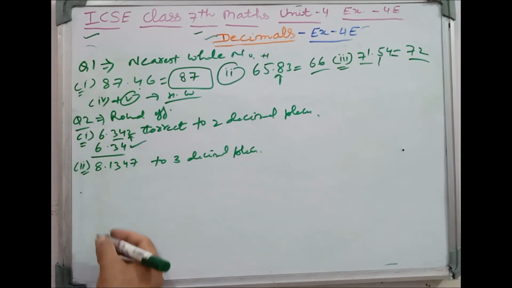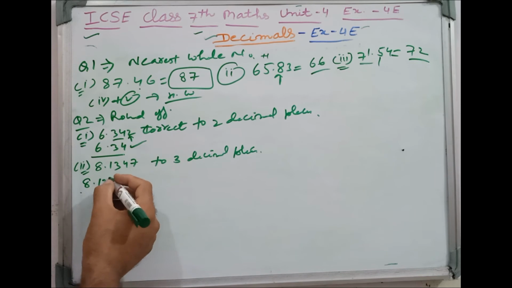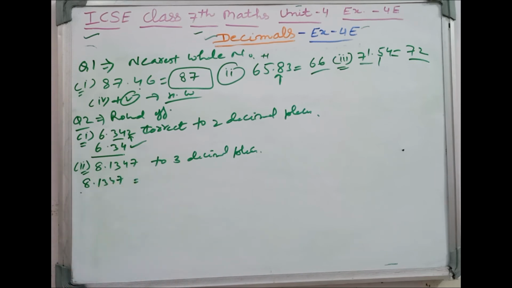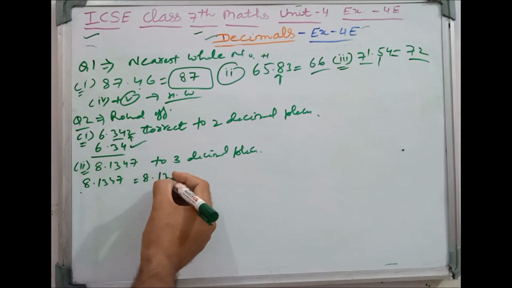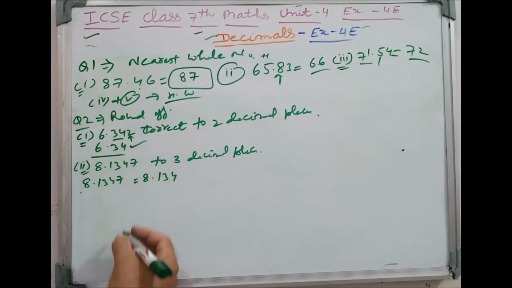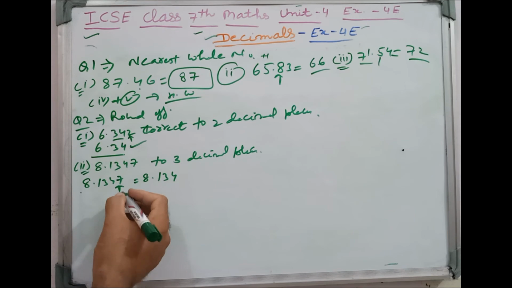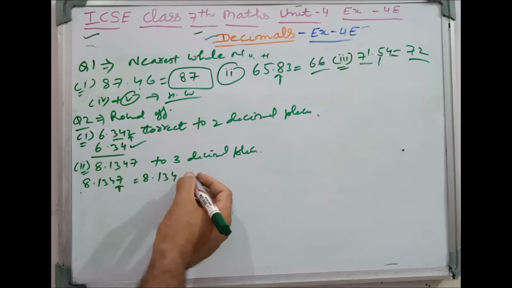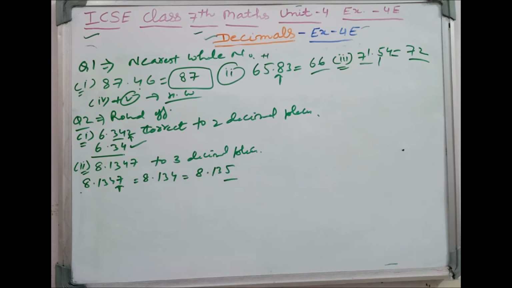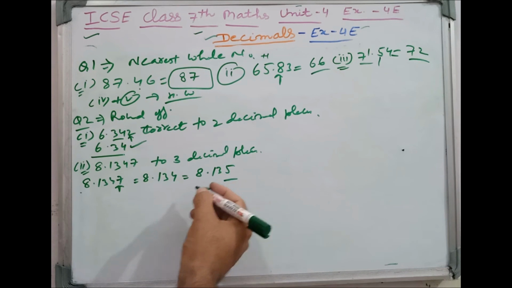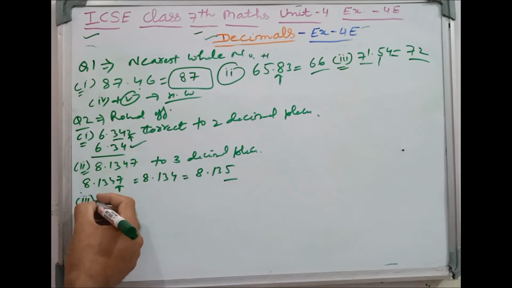So 3 decimal places means 8.134. Now we are going to see the fourth place. This is more than 5, so we will add 1 here. So this will become 8.135.